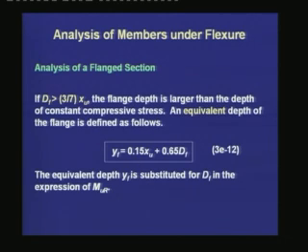Thus, the equivalent depth depends both on the depth of neutral axis XU and the depth of the flange, which is DF. The equivalent depth YF is substituted for DF in the expression of MUR. That means the only difference we have when the depth of flange is large is that we are using an equivalent depth instead of the actual depth of the flange in the expression of the ultimate moment of resistance. Otherwise, all of the steps are similar.